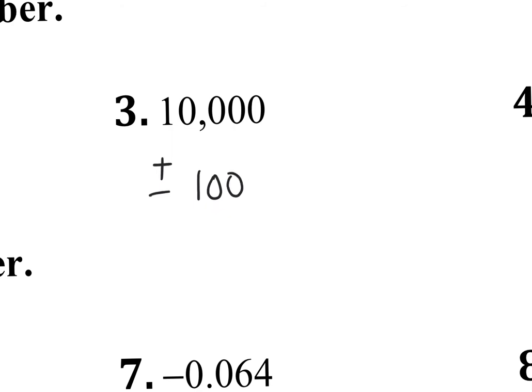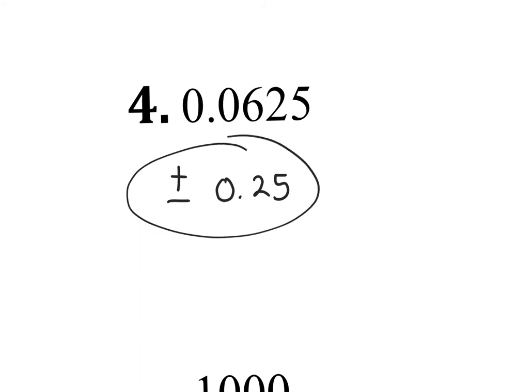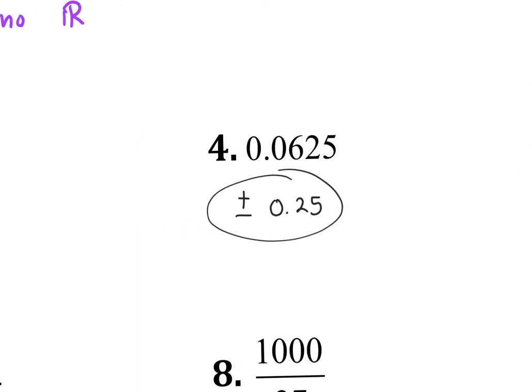Again, we have to put the plus or minus because we're dealing with an even root. And because we have a positive number, the 10,000, we know we're going to have 2 options. How about number 4? Again, we have to say the plus or minus 0.25 or plus or minus 1/4. That works as well. Okay.